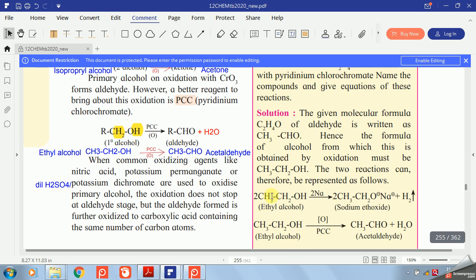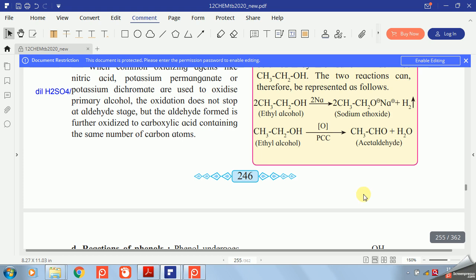What is the reaction? Ethanol reacts with sodium metal, it gives sodium ethoxide plus hydrogen, and that on oxidation with pyridinium chlorochromate gives a 2 carbon aldehyde. Primary alcohol, ethyl alcohol, gives acetaldehyde as a product with water. So this is your answer to the question.